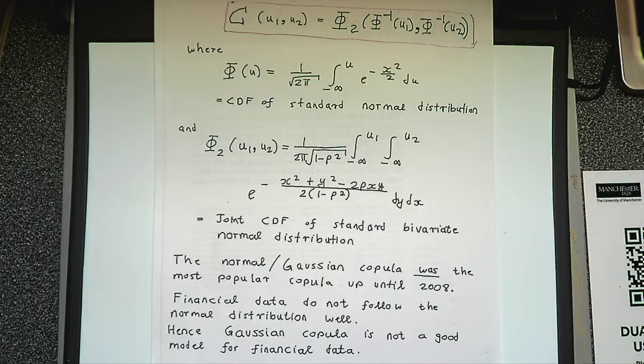But the Gaussian copula is not a good model for financial data, especially in the tails. It can give very bad fits, and they did not know that at that time.